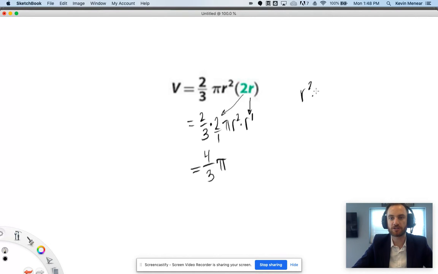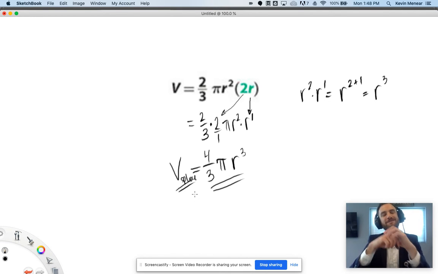Remember, if I have r squared times r to the first power, I'm multiplying these powers, so I add the exponents. So this is r to the 2 plus 1, or r cubed. And I've now derived the volume of a sphere. Now, this was kind of a roundabout way to get the volume of a sphere.